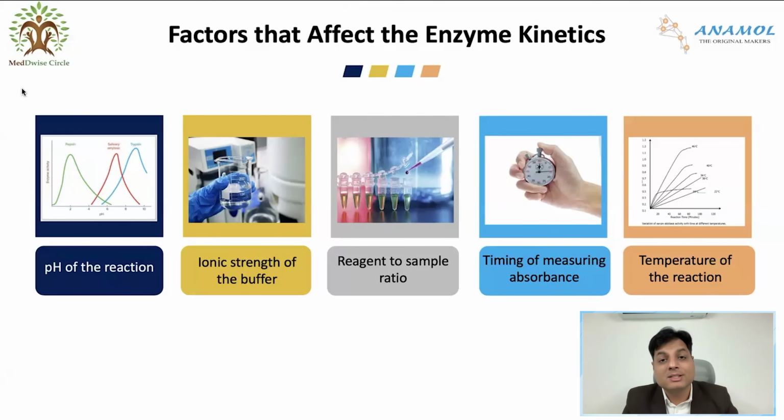Secondly, what is the ionic strength of the buffer in which the enzyme is functioning? Third, what is the reagent to sample ratio that is being maintained? Fourth, what is the timing of measuring the absorbance? And fifth, what is the temperature at which the enzyme is functioning? Let us try to understand each one of them one by one.